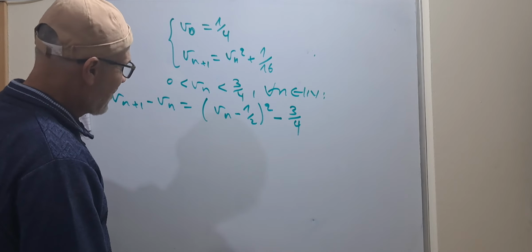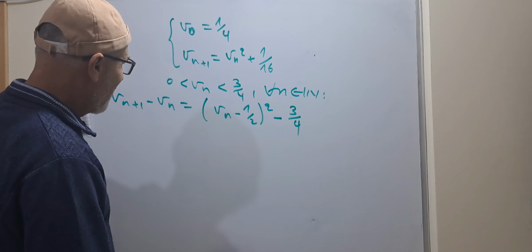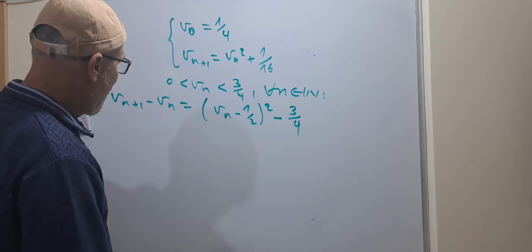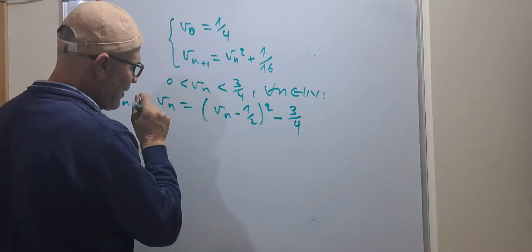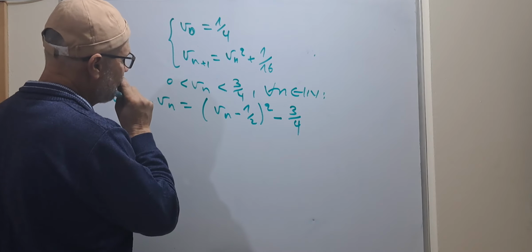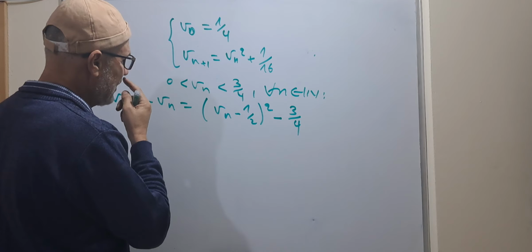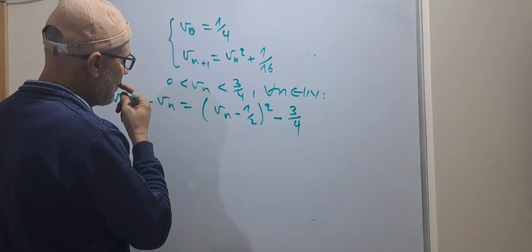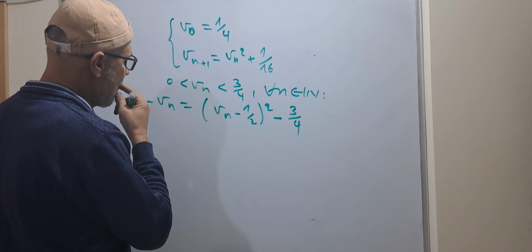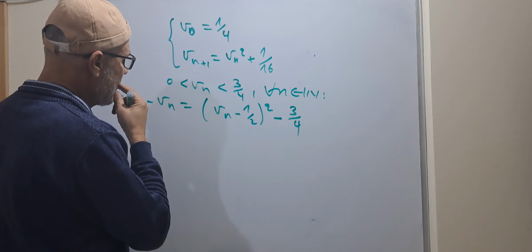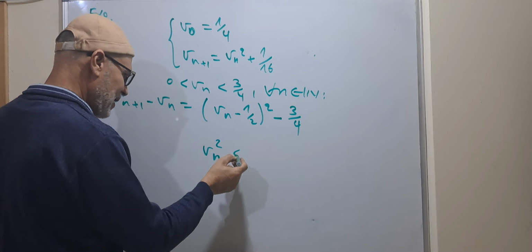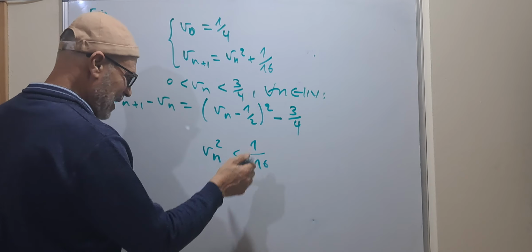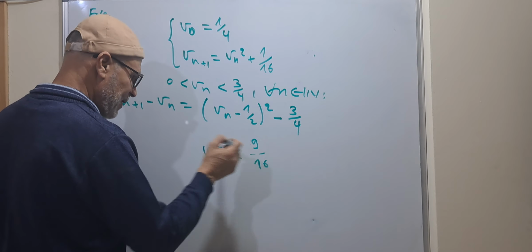I need to decide the sign of the difference. Why did I take this way? Vn square is less than 9 over 16.